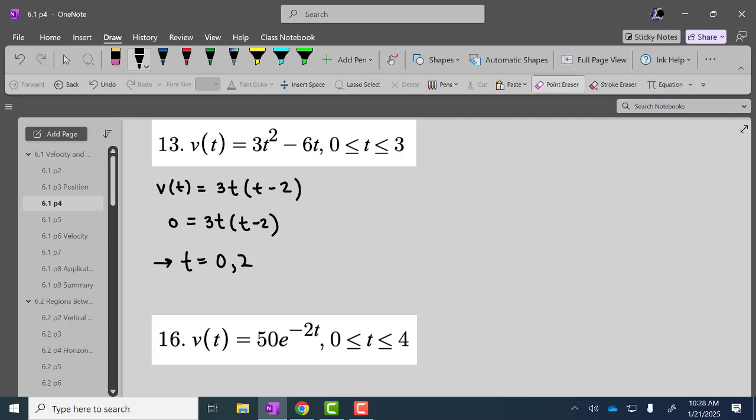We don't really care about graphing it precisely, but what we do care about is the relative shape of things. What we see right away is that at t equals 0 and t equals 2, that parabola is going to pass through the t-axis at those places. So where does the vertex have to be, at what t value?